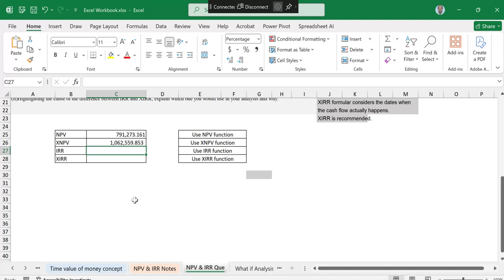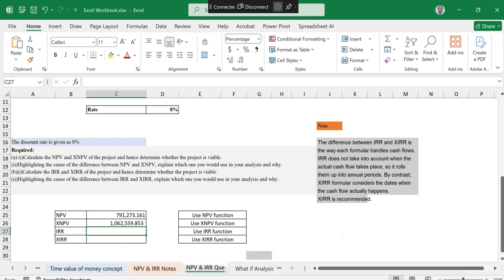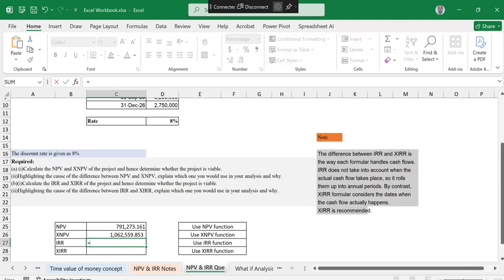Lastly, IRR and XIRR, still another simple formula. So equal sign, IRR, tab. For IRR, you simply pick the values from the outflow moving down.